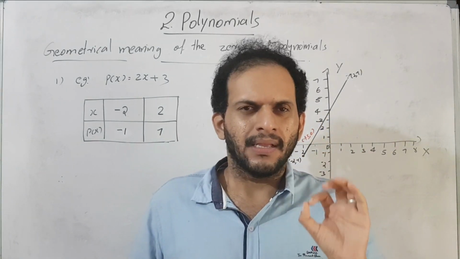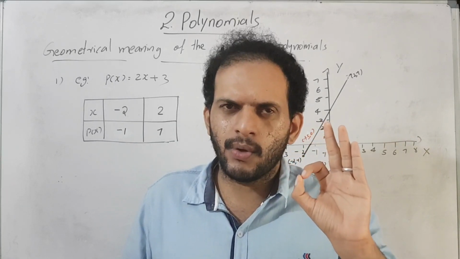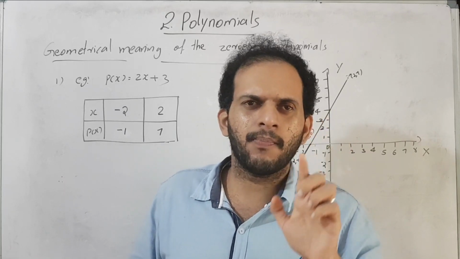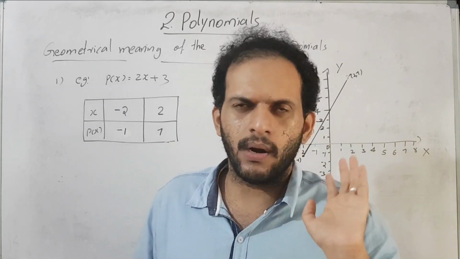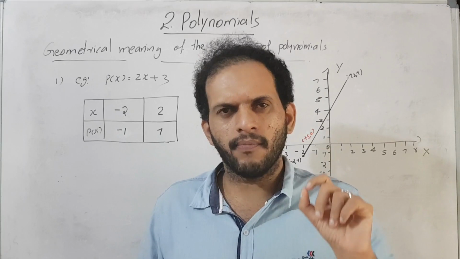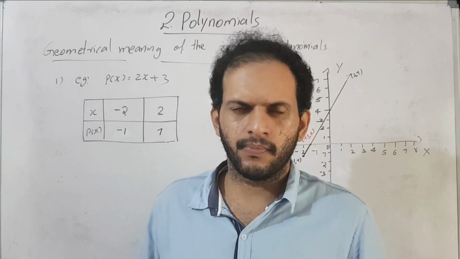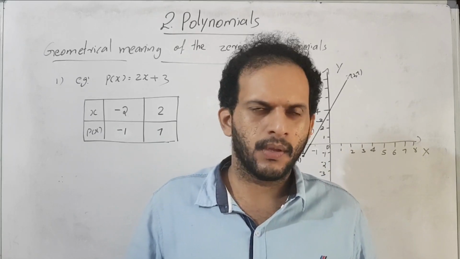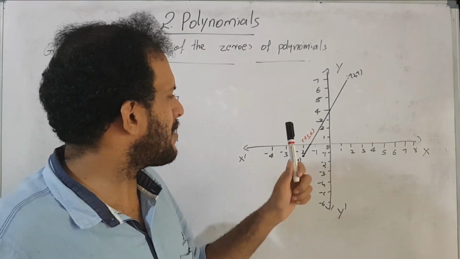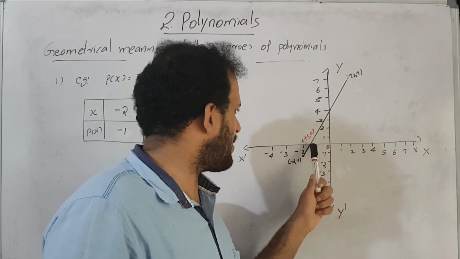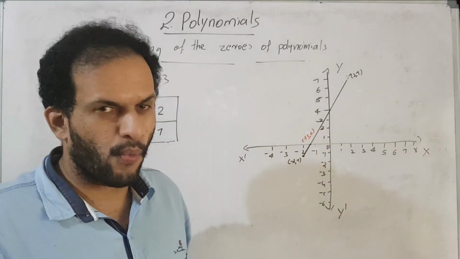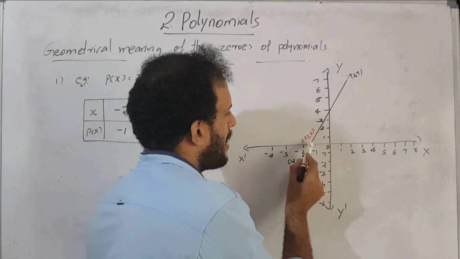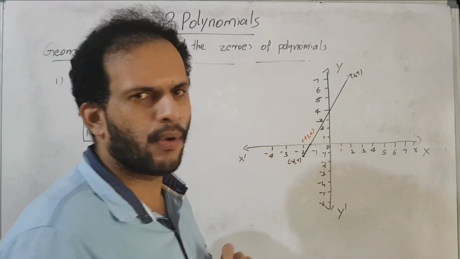Okay, the graph of a linear equation intersects the x-axis at only one point. That means how many zeros does the equation have? Only one 0. That means the 0 of the linear polynomial is exactly 1. We have only one 0 for this linear equation. Then where the graph meets the x-axis, that point, that value is the 0 of the polynomial.